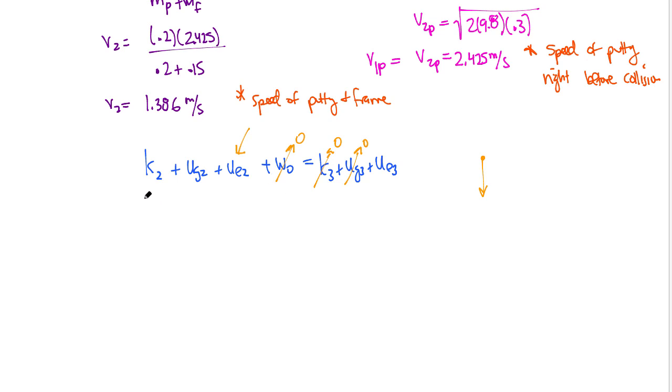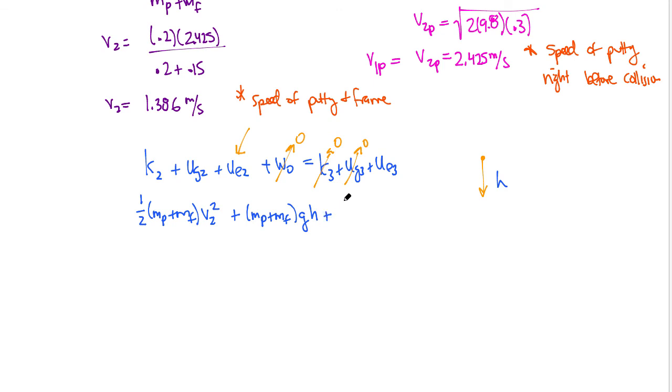So let's go ahead and put this together. So 1/2 the mass of the putty and the mass of the frame together times V2 squared plus my height is going to be the masses together, mass of the putty plus mass of the frame, times G, times what we'll just call H. So we move down some distance H from our equilibrium.